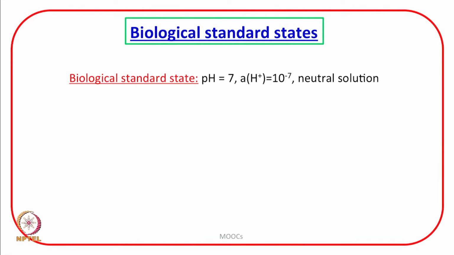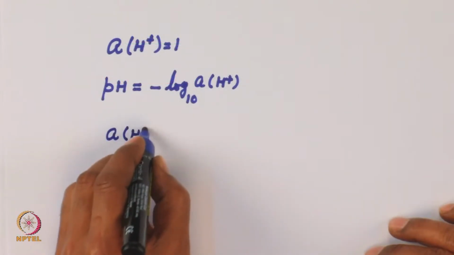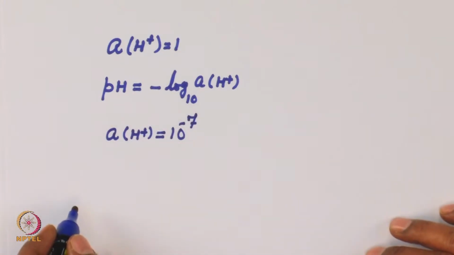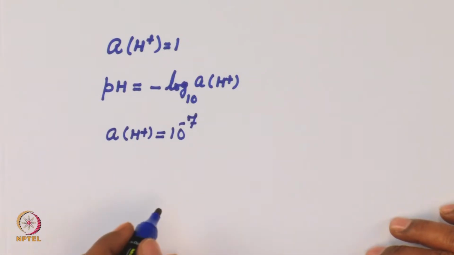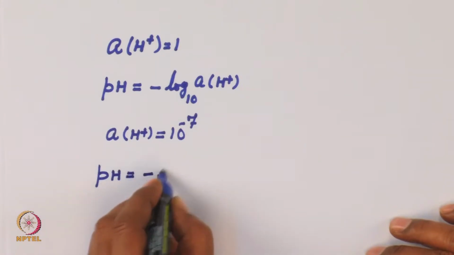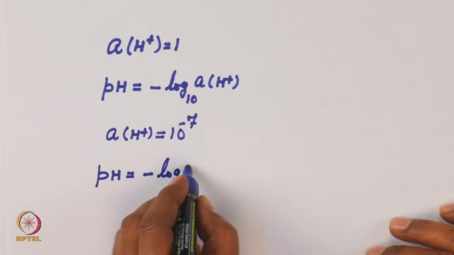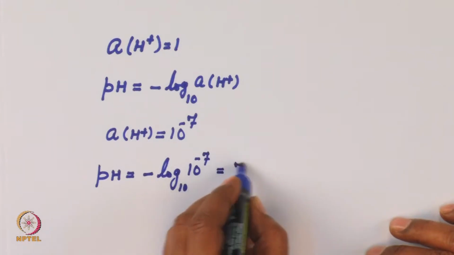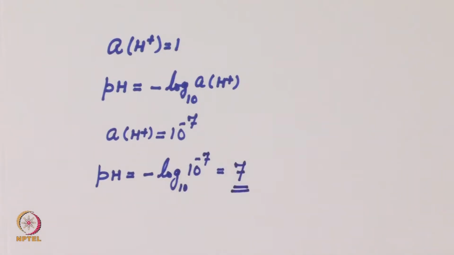We have discussed earlier that activities do not have any units, so we will not put any units with the activity. So, pH will be equal to minus logarithm base 10 of 10 raised to the power minus 7, which is equal to 7, and that is what we call the biological standard state. pH 7 means the solution is neutral.